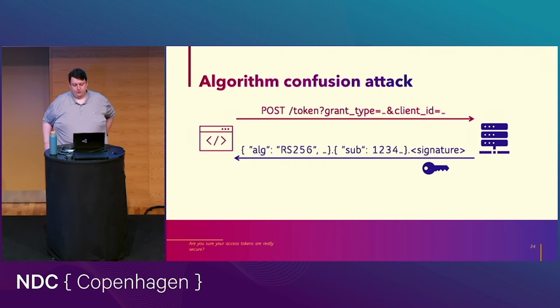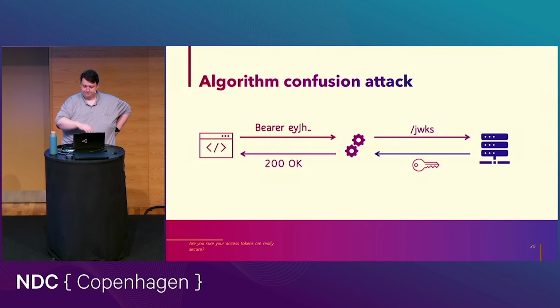Your token will be signed using the private key for RS256 or the shared secret using HS256. Then your client goes to your API and says, here's the token. Your API will need to find what shared secret or what public key is being used to validate it. It gets that information back, validates the token, and says, 200 OK, all is good.